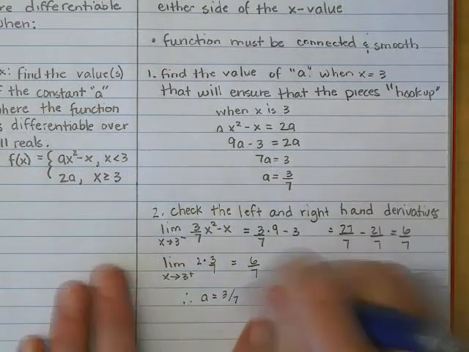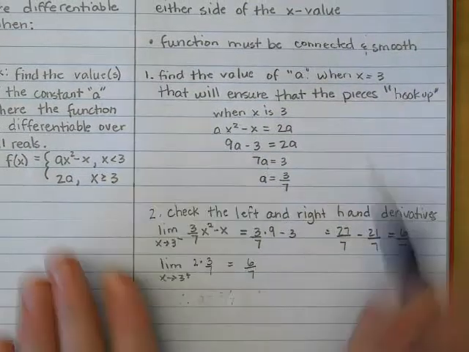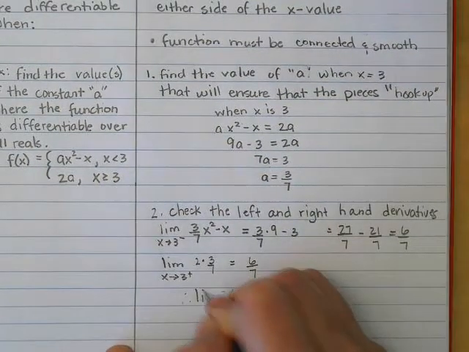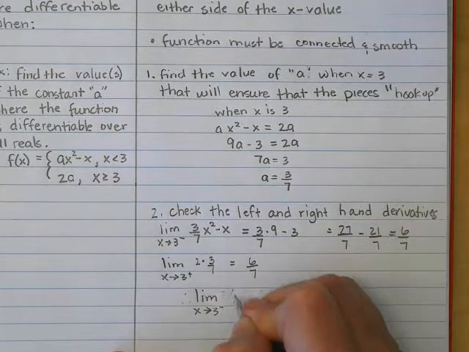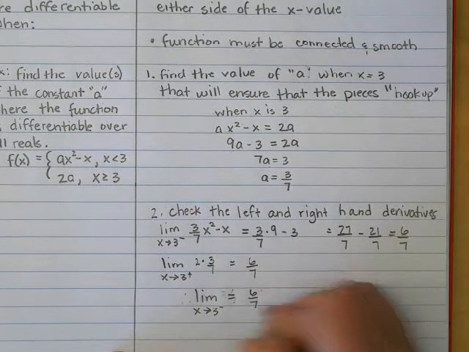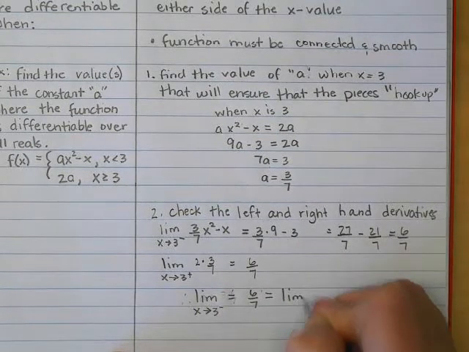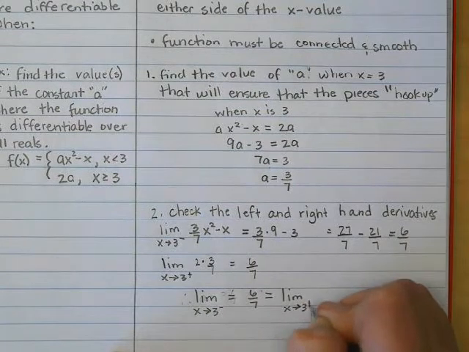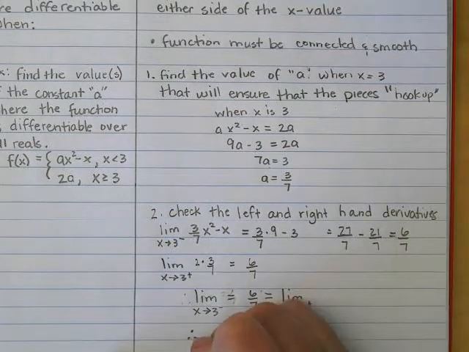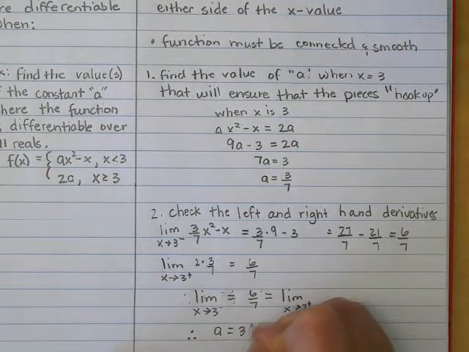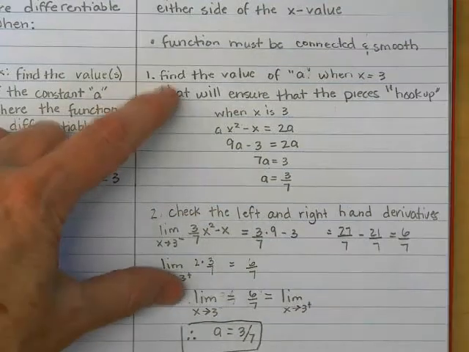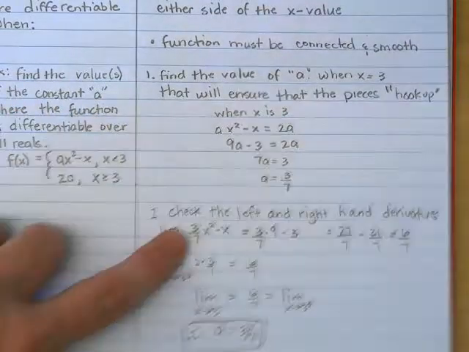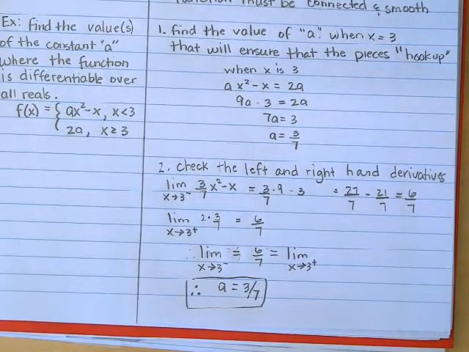And I should make a conclusion. The limit as x approaches 3 from the left equals 6/7, which is equal to the limit as x approaches 3 from the right. Therefore, I have this from both of these pieces. I showed that it's connected, and then I'm showing right here it's smooth. Okie dokie, that's it. Bye-bye.